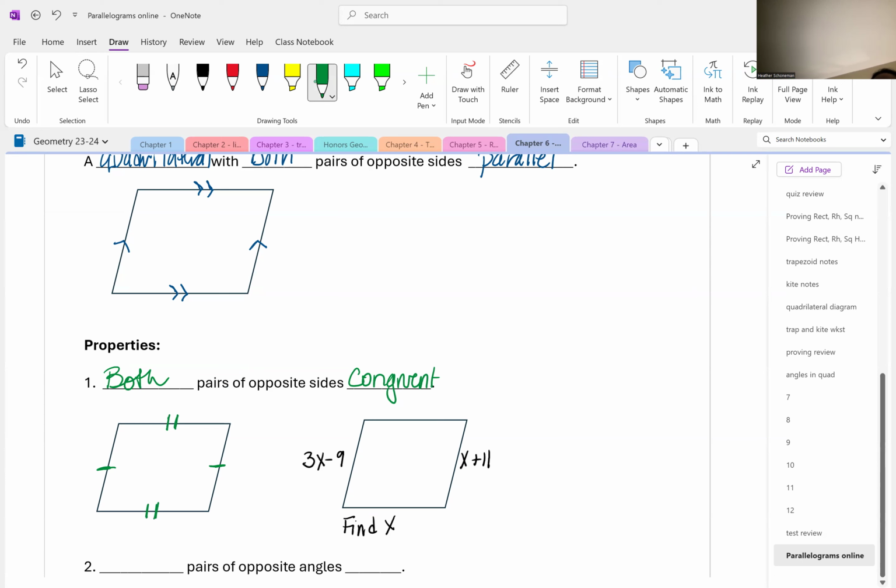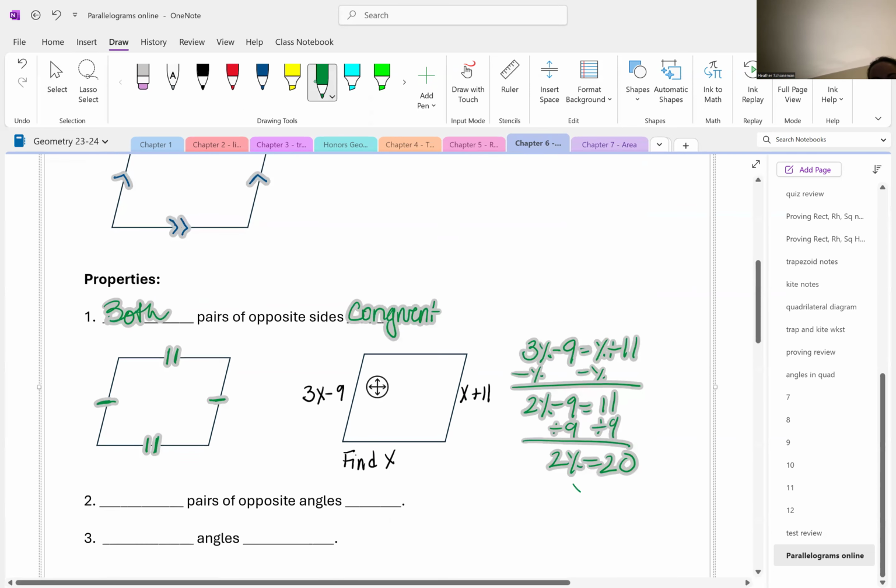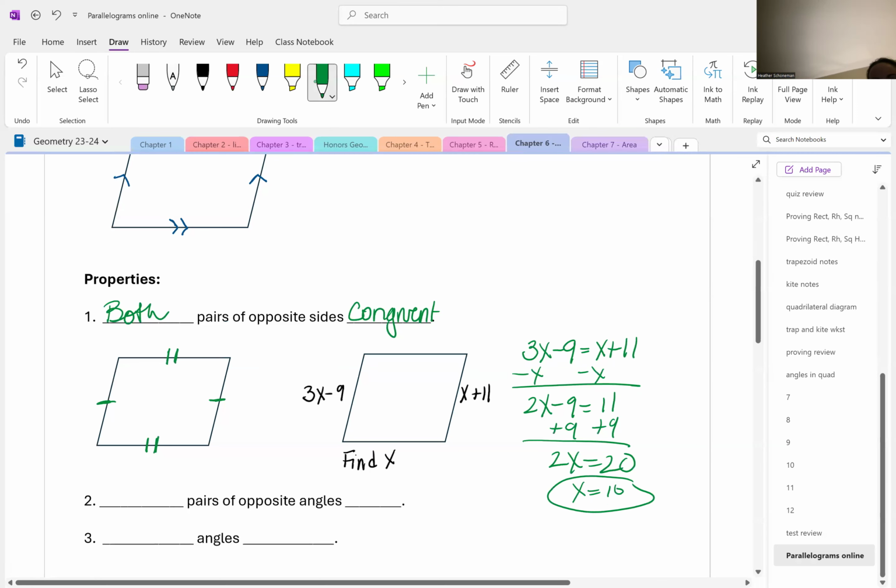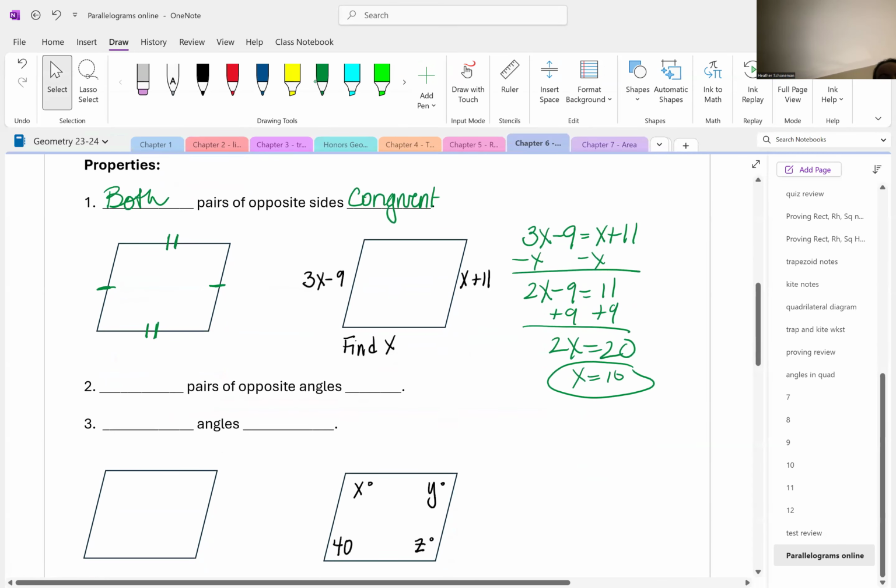So in this example here, if it wanted us to find x, we could say that 3x minus 9 equals x plus 11. So we'll subtract. So we get 2x minus 9 equals 11. Add 9. So 2x equals 20. So we solve and we get x equals 10. Okay, so that's the sides. The opposite sides are congruent.